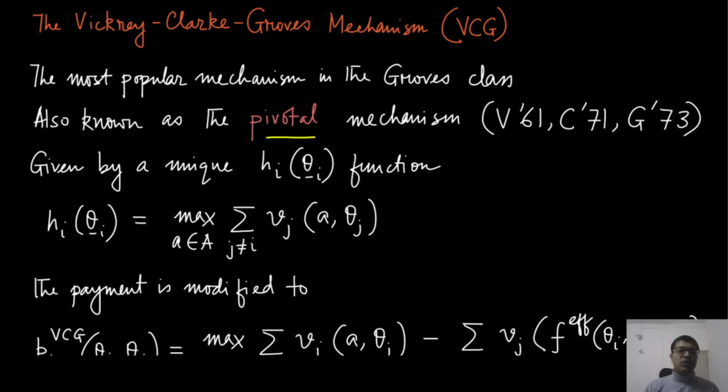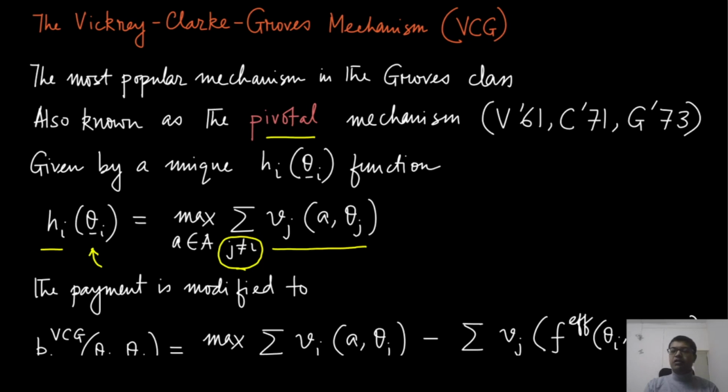So what is that value? Notice that we are now trying to take the sum of all the valuations of the agents except agent i. While we are trying to find the function h_i for agent i, this must be a function that does not depend on θ_i, the type of player i.